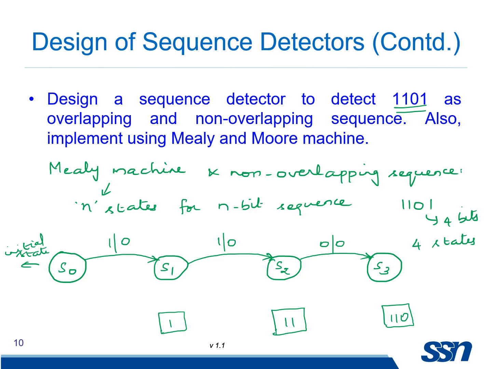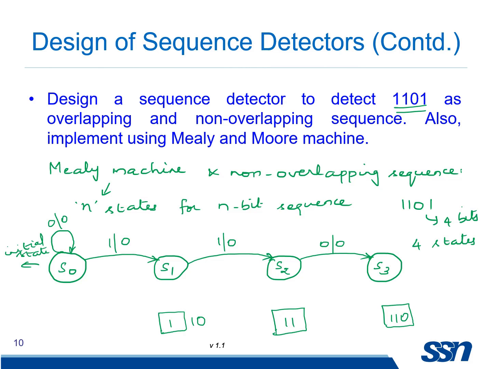Okay, now if instead of receiving a 1, I receive a 0 while I am in the initial state, we remain in the initial state itself. We need not go anywhere else. So let this be 0 0. Now for the other states, as I have received the first one, if I receive the second one, I move to state S2. Now suppose I receive the input 0 at S1.